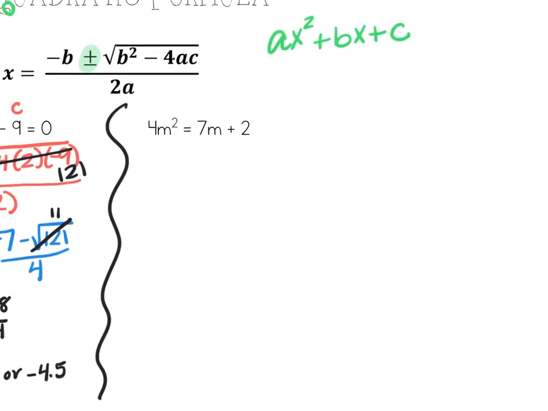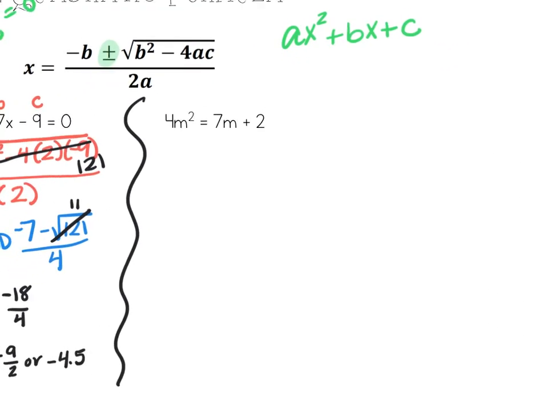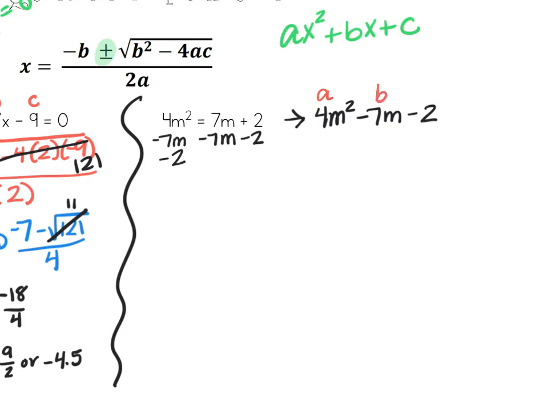Now let's look at this other problem. Now this other example, you can see that they're not in the correct order. So what I'm going to do is subtract 7m and 2 from both sides, so that this becomes 4m squared minus 7m minus 2. And now this is a normal quadratic equation where I have a, b, and c.